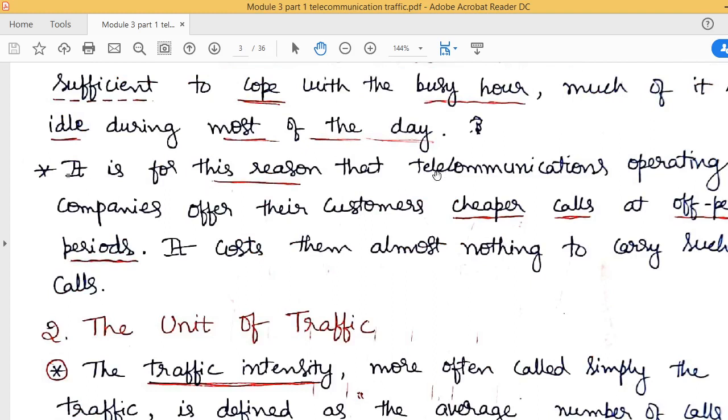So that is why we observe some telecommunication operating companies offering their customers cheaper calls at off-peak periods.